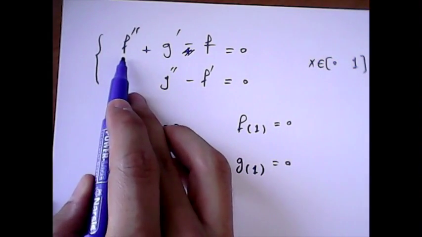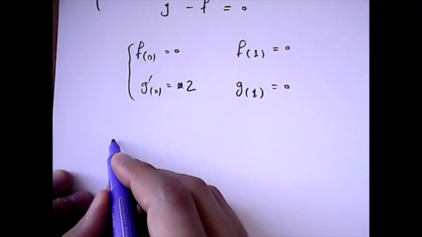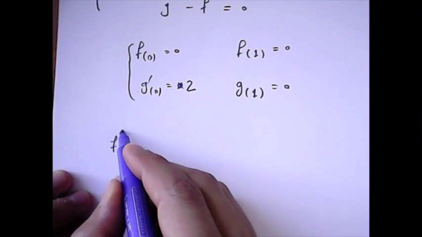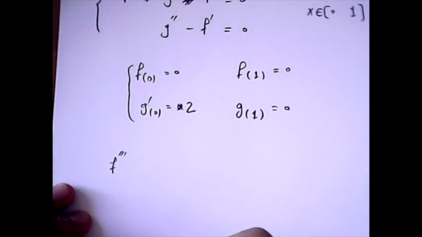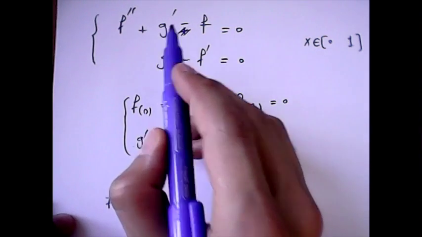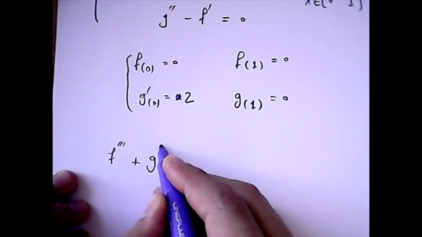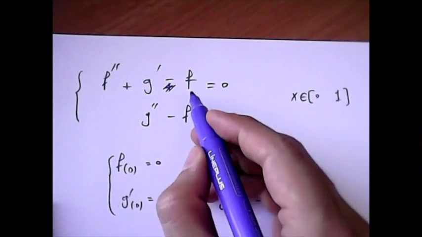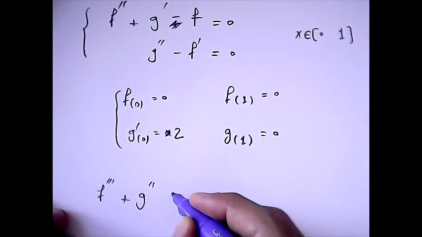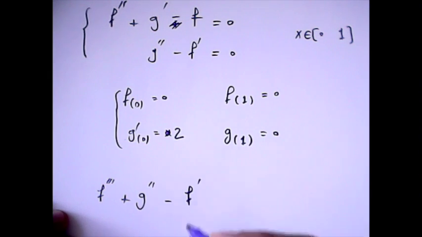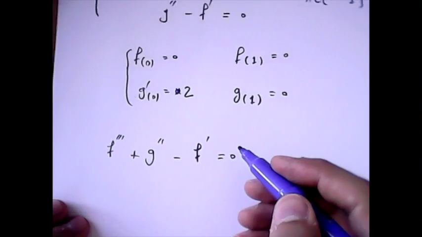So f double prime becomes the third derivative of f, plus g prime becomes the second derivative of g, and f becomes minus the first derivative of f. That's equal to 0.